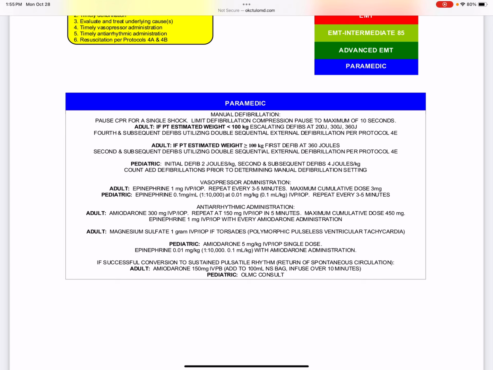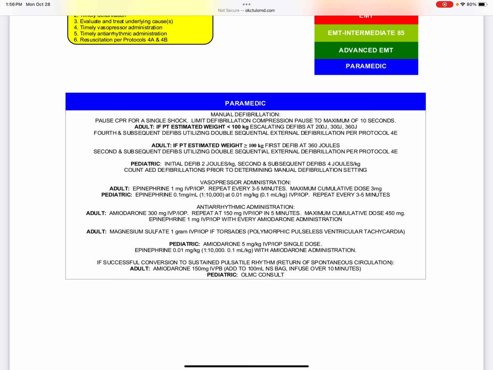Your vasopressor administration, epinephrine, adult, again, and pediatric, it's the same dose. The only change with this is if they are in a shockable rhythm, so ventricular fibrillation or pulseless ventricular tachycardia, your maximum cumulative dose is going to be 3 milligrams. So simplifying that, you will give epinephrine 1 milligram for adults or 0.1 milligram per milliliter for pediatrics every 3 to 5 minutes.